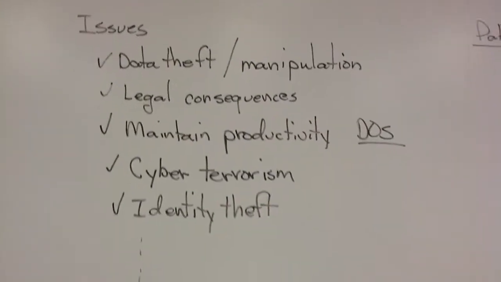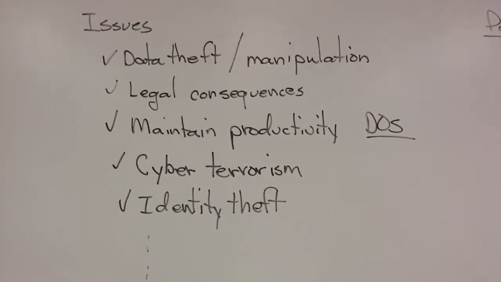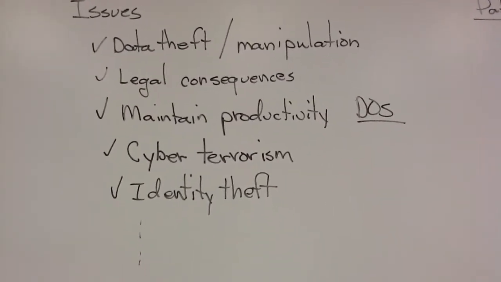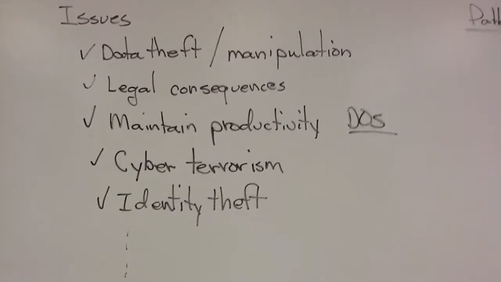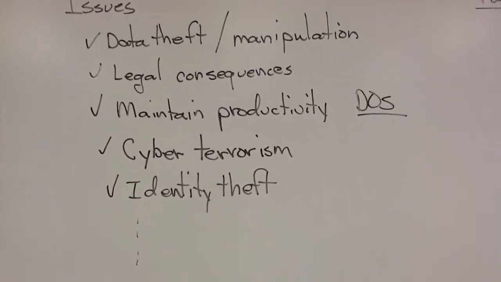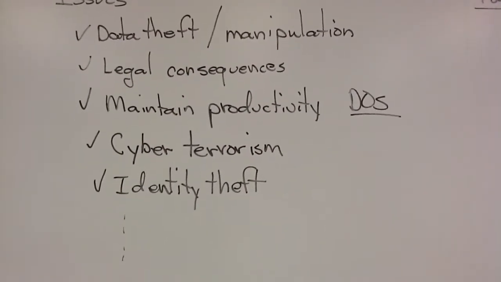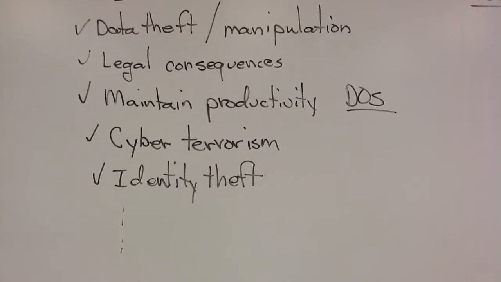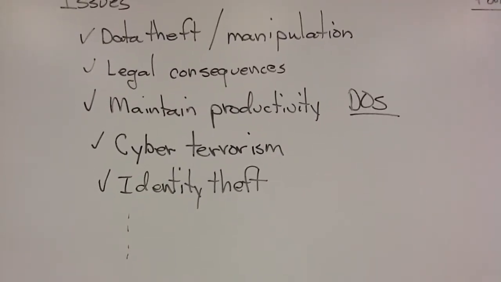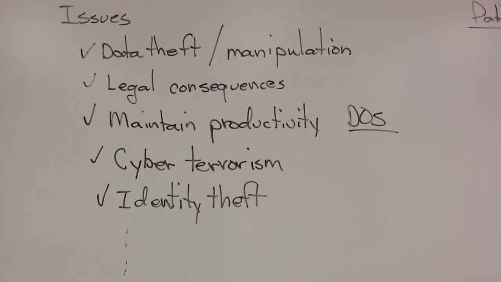Issues with data, we didn't list all of them in the world, but data can be stolen and manipulated. There's all kinds of legal consequences. When data is stolen from a company, they're bound to report it. We used a couple examples in class. Businesses want to maintain productivity. Cyber terrorism, that's where we would get some kind of attack that would affect large parts of our country.